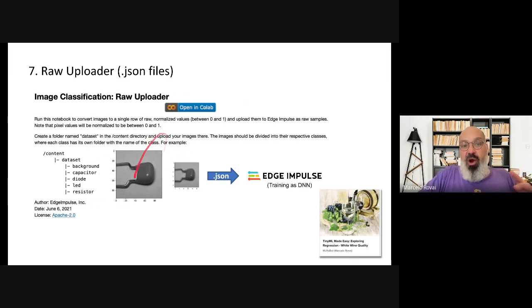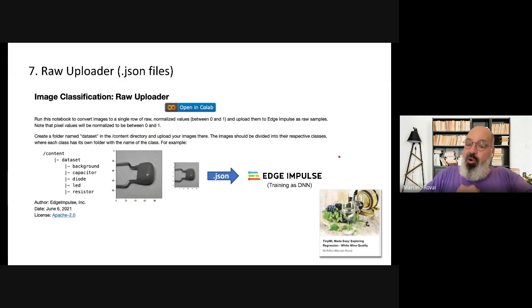So he took all the data, did all the pre-processing he wanted, such as changing to grayscale and defining the size of the image, and sent those images using JSON straight to be trained in Edge Impulse.